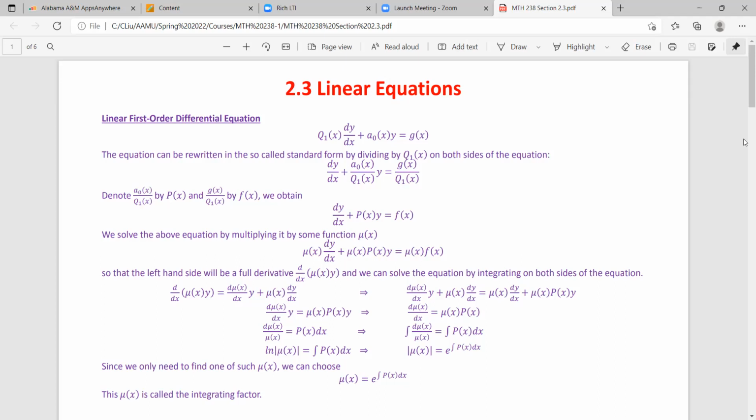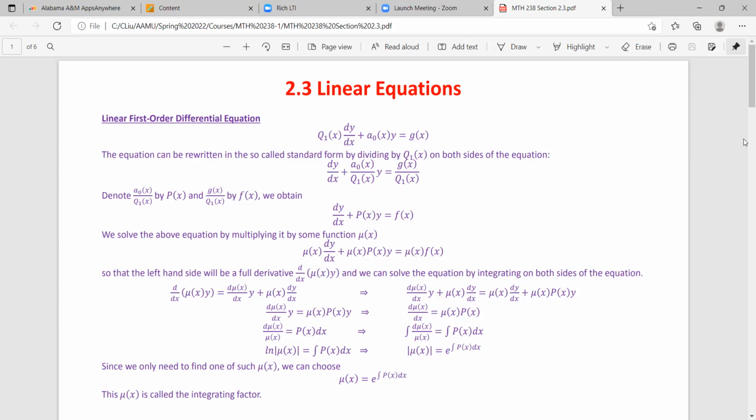And this mu will satisfy the condition, or it will work for us, so that we can construct the left side of the differential equation as a full derivative by multiplying this mu on both sides of the equation.